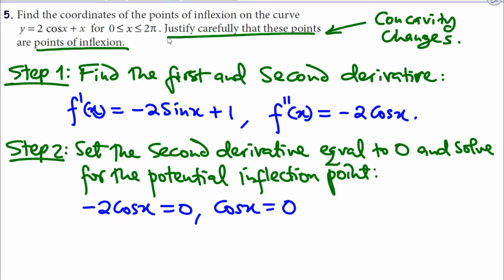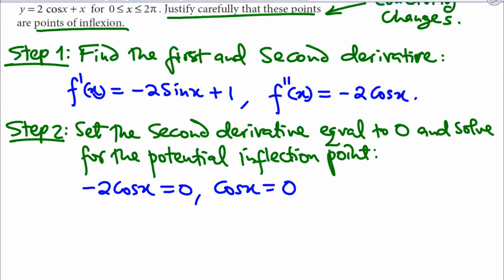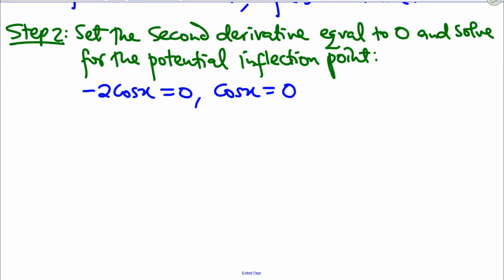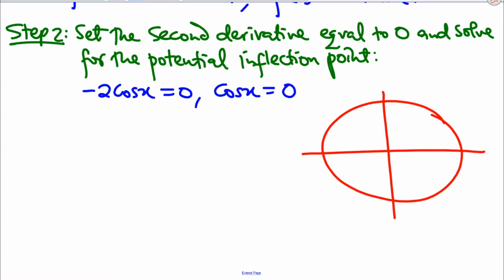Now, to solve for this, I am going to consider this diagram, the unit circle. That's the y-axis and that's the x-axis. Suppose we have a point here, and suppose the coordinate of this point is cos theta, sine theta, and this angle is theta.